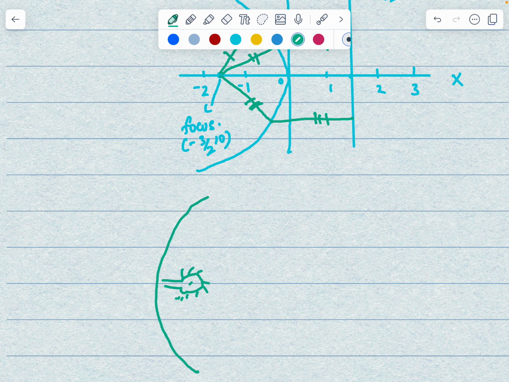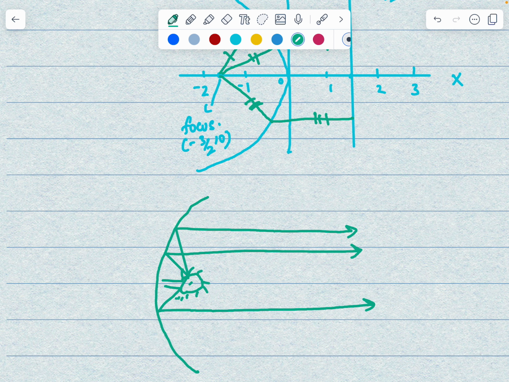What happens is that the light bounces off from this parabola, and then it reflects like this. So every light ray will bounce from here and go here, bounce from here and go here. So this is a parabolic reflector. Light is reflected in parallel rays. All these are parallel to each other.